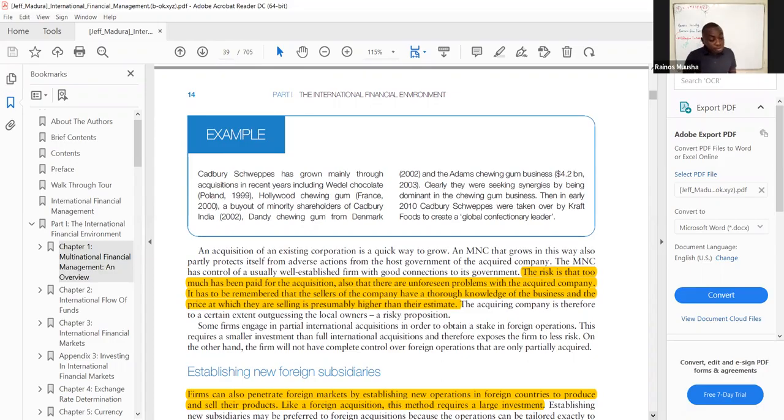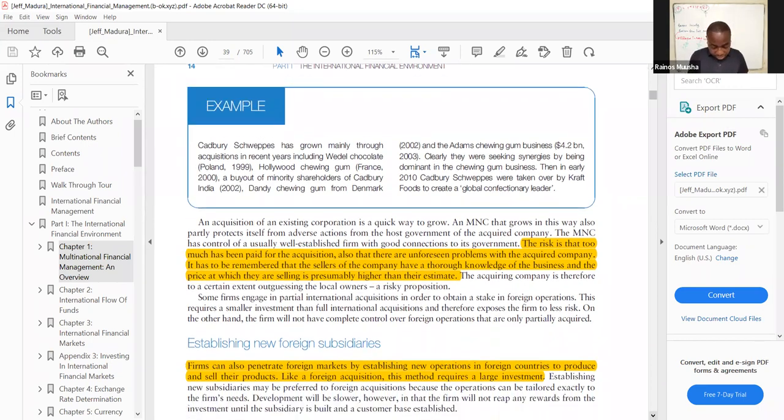Because of this, the acquirer might end up paying more than the company is actually worth, or there might be unforeseen problems that they did not filter in when buying. Sometimes the seller is selling because they know a lot more about what is happening with the company and in which direction the industry is going, so the foreign buyer might come in without that prior knowledge.